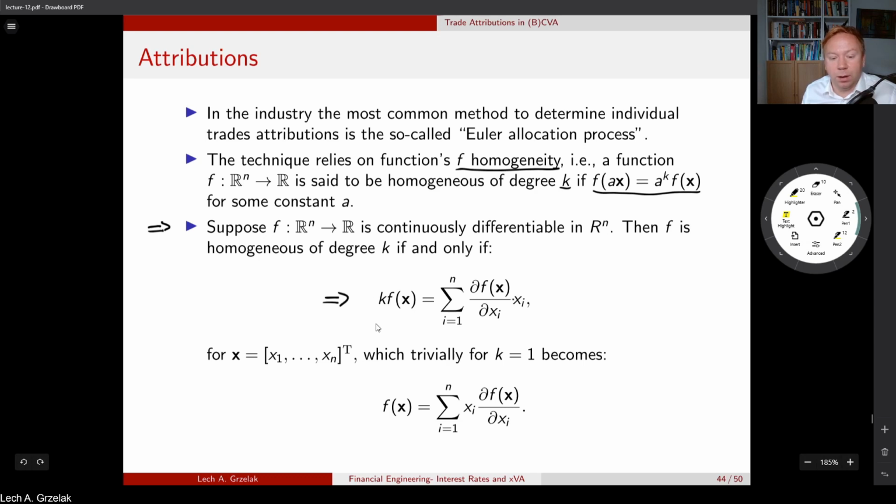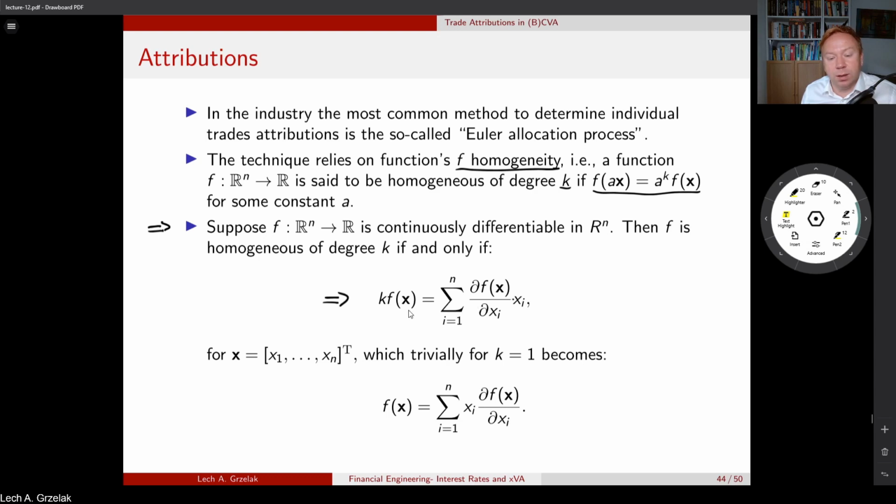So if we have a homogeneous function of degree 1, this is a very attractive formulation, where f of x can be represented as a sum of all the partial derivatives multiplied by the individual entries of that vector.